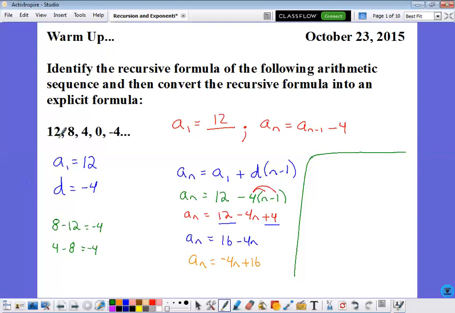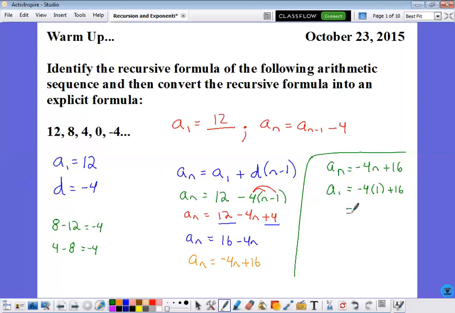And so technically, I should be able to use this formula, and it should give me the correct first term. So if I plug in a 1 for my n value, so I'm looking for my first term, a sub 1, and I plug in a 1 for this n value, if I do my multiplication and my simplification correctly, I should get this 12 that we already know is a sub 1. So that's a way to check.